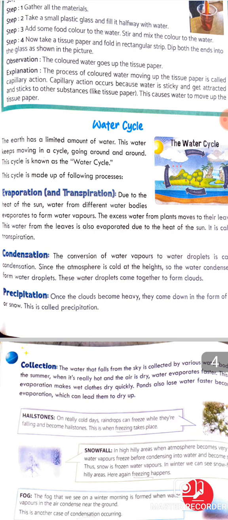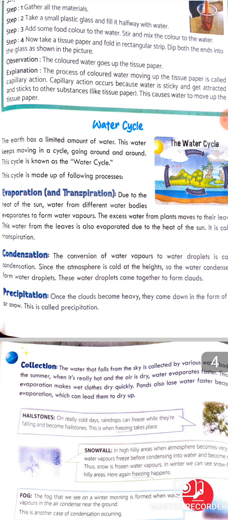It involves four processes. The first one is evaporation and transpiration, second is condensation, third precipitation, and fourth is collection. I explained a short summary about all these steps one by one.